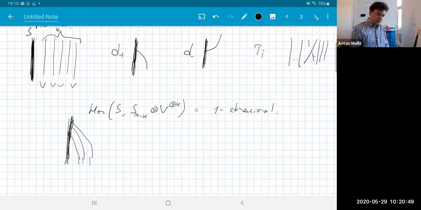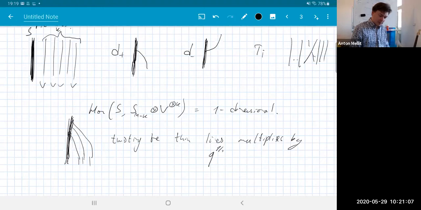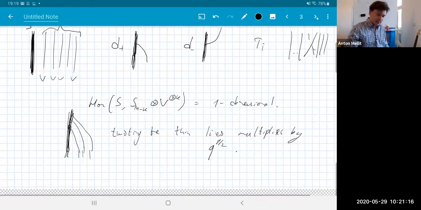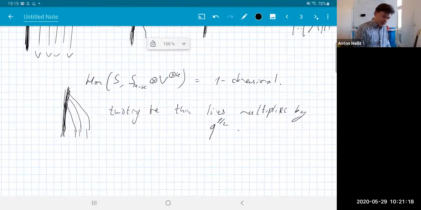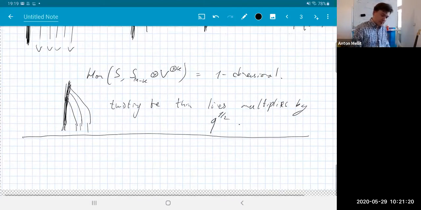If you twist the thin lines, it just multiplies by a constant, multiplies by q to the 1/2. Okay, so nothing interesting happens here, but already with the affine case, the interesting stuff begins to happen.